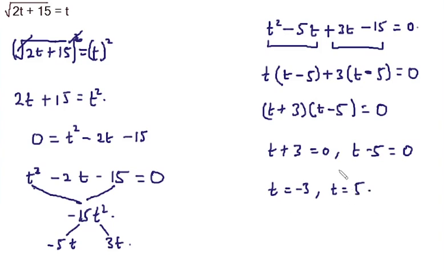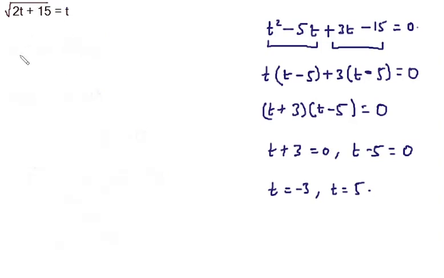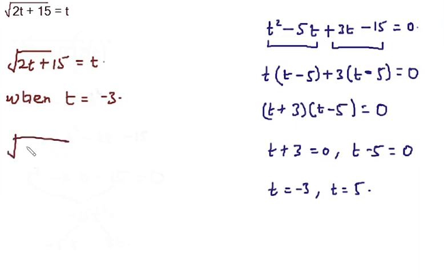But let's plug it back into this equation to make sure that our answers are correct. So the original equation was given as square root of 2t plus 15 is equal to t. So for the first solution, when t is equal to minus 3, if you plug it in here, we have square root of 2, open bracket, minus 3, plus 15.